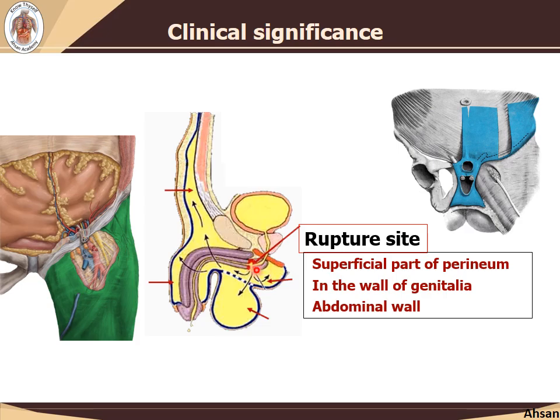The rupture site is this one. So the urine will be deep to this blue colored membrane in this region. Because of gravity, it will first appear in the perineum, then go to the wall of the scrotum and penis, then above to the lower part of the abdomen, and will increase and increase, but the thigh will be spared.